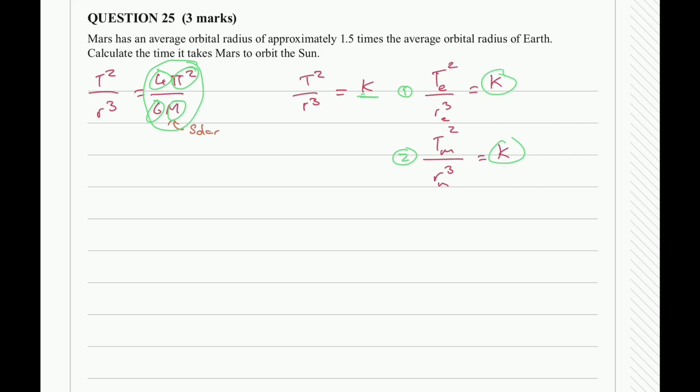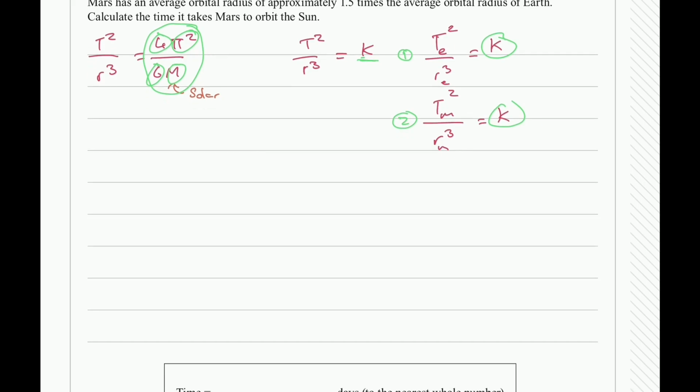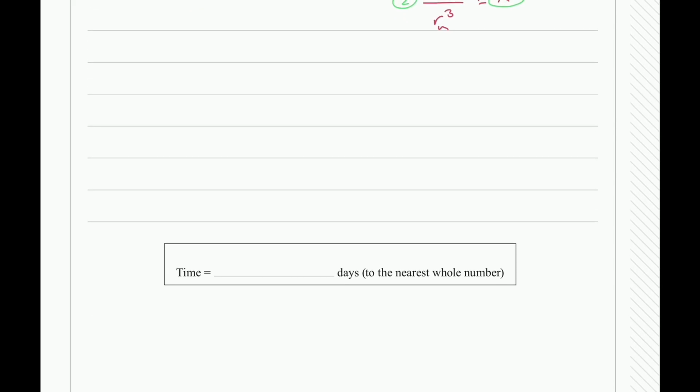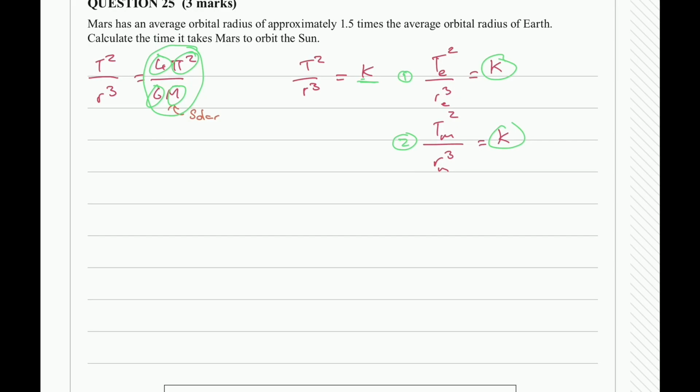Before we continue, we can add some variables to the rest of our question. So we can state what TE is equal to, as well as what RE is equal to. Before we go forward, I'm just going to quickly check what we are looking for. We want our answer in terms of days. So with that in mind, I'm going to set TE equal to 365. Now, we don't get the radius of orbit for Earth in our formula book, because it's an elliptical or oval shaped orbit.